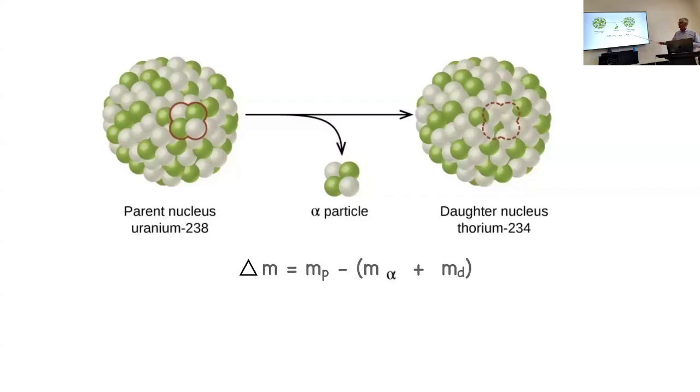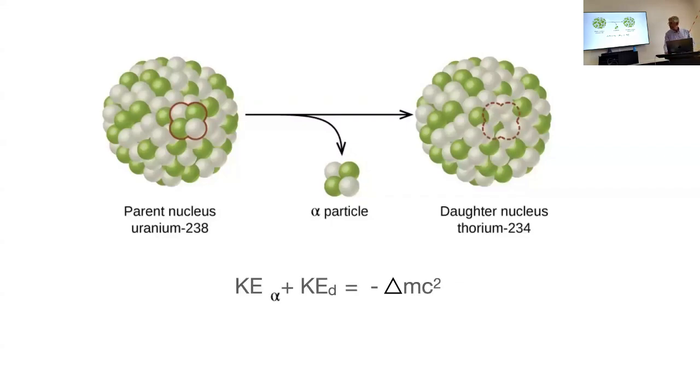There's a difference there. It's a missing mass, and the missing mass happens to be the kinetic energy of the two particles. There's delta m c squared. So there's your answer.